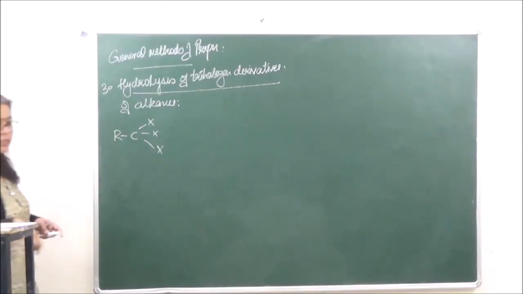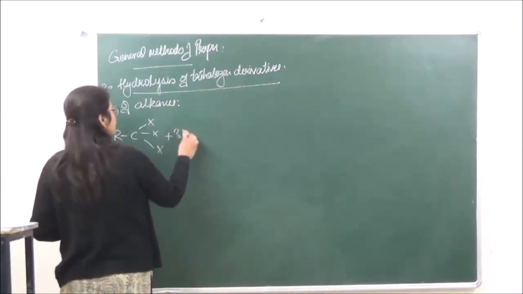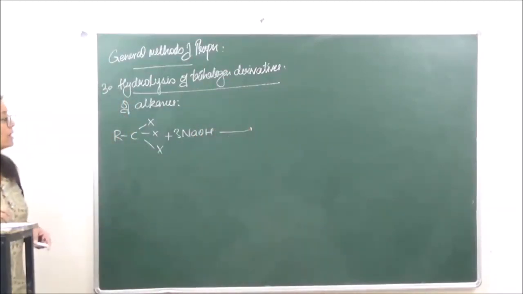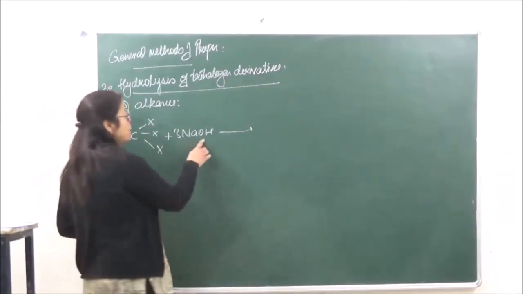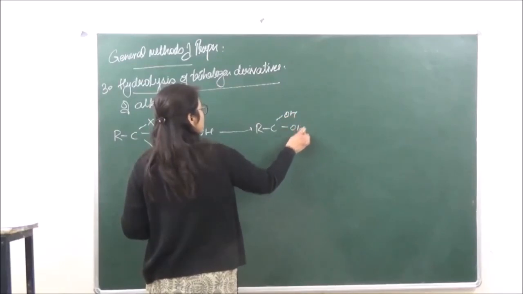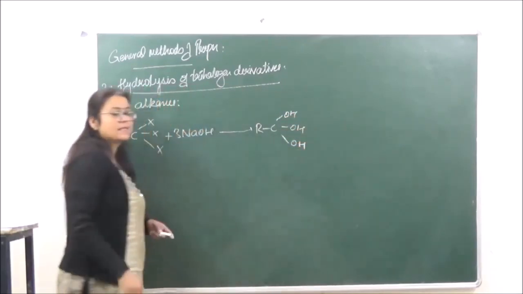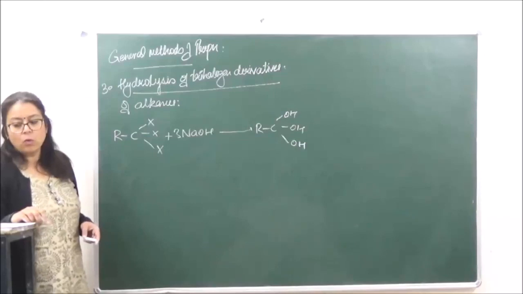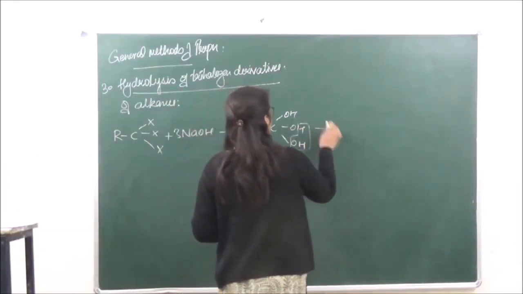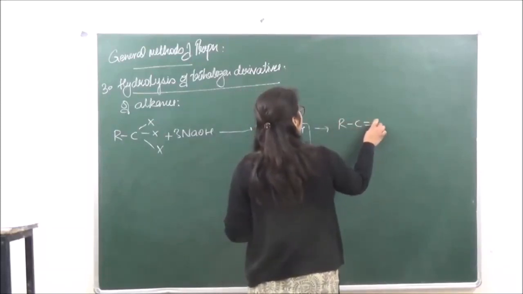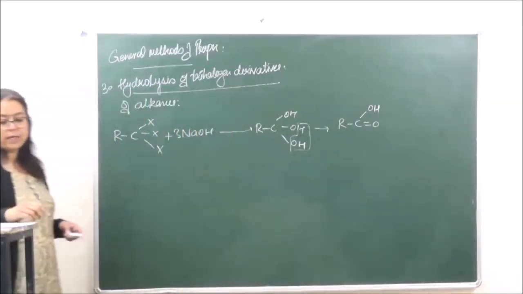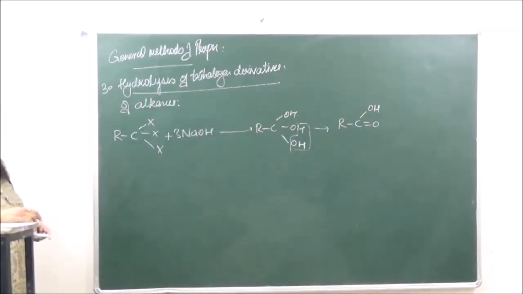We've already done this reaction, and we react this with sodium hydroxide. When all the X get substituted by the OH group, we have RC(OH)(OH)(OH). Now this is going to be highly unstable as it will lose a water molecule. So it loses a water molecule to give us the respective acid, which is RC=O and OH. Okay? So this is how we can get it from the trihalogen derivatives of alkanes.